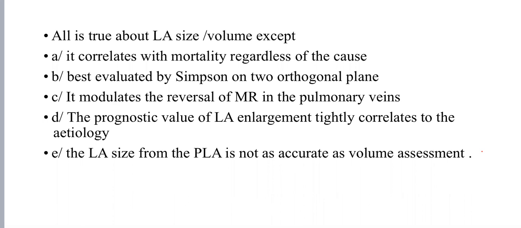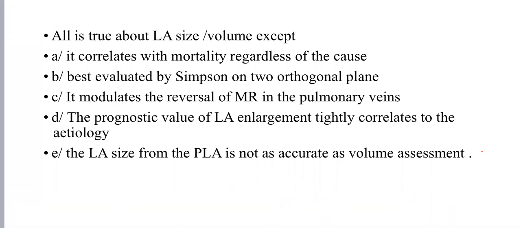D, the prognostic value of LA enlargement tightly correlates to the etiology. E, the LA size from the parasternal long axis is not as accurate as volume assessment. So, all true except. I will go with E.